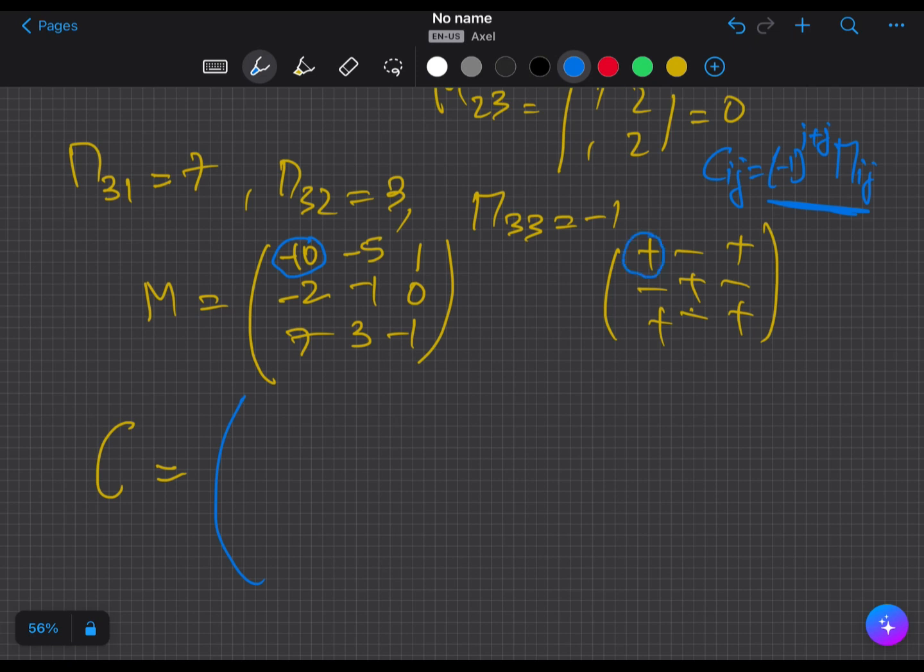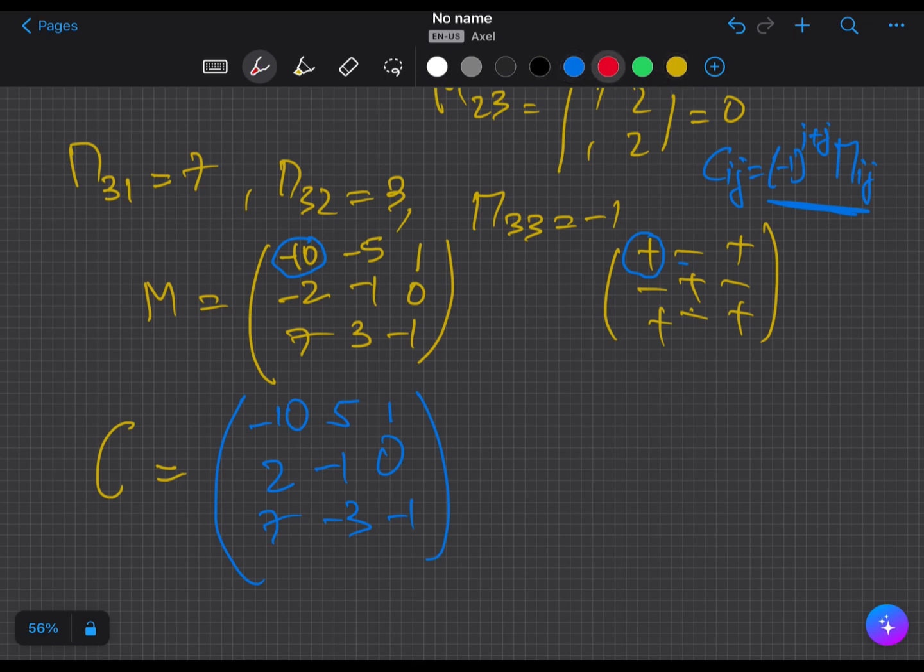So minus 10 times the positive sign remains minus 10. Minus 5 times the negative sign is 5. 1 times plus is 1. Minus 2 times minus is 2. Minus 1 times positive is minus 1, and 0. And then we have 7, minus 3, and minus 1. So this is my cofactor matrix.